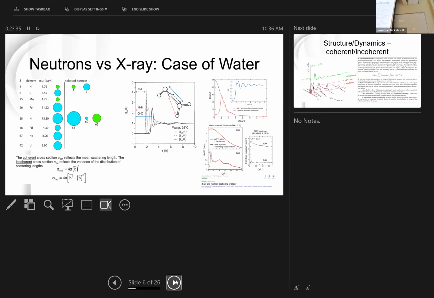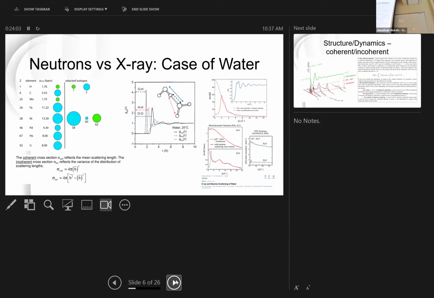So these will vary somewhat between elements and not necessarily following the atomic number. They can be both positive or negative. They can also vary by isotope, right? Because isotopes have a different number of neutrons in the nucleus. So different nuclear structures are going to interact differently with neutrons.